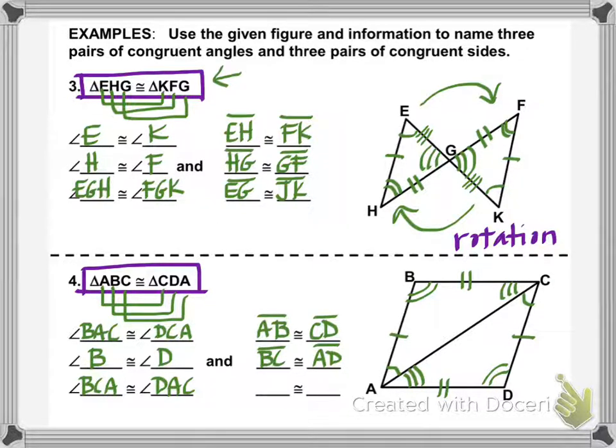Now, if you notice, both triangles share segment AC. So that means they've got to be congruent because it's the same segment. So you would write it like this. AC is congruent to AC. Now, whenever you say that something is congruent to itself, like this one right here, this is because of something called the reflexive property.